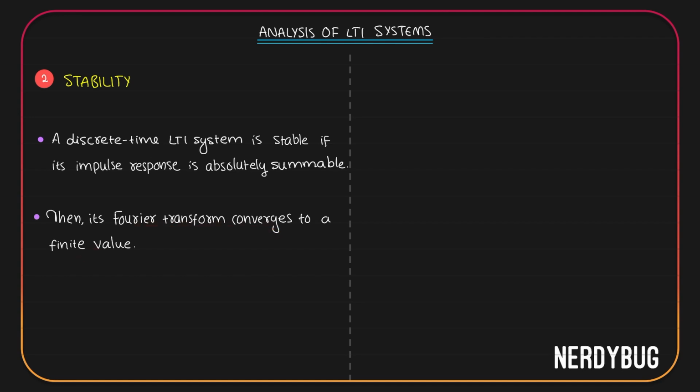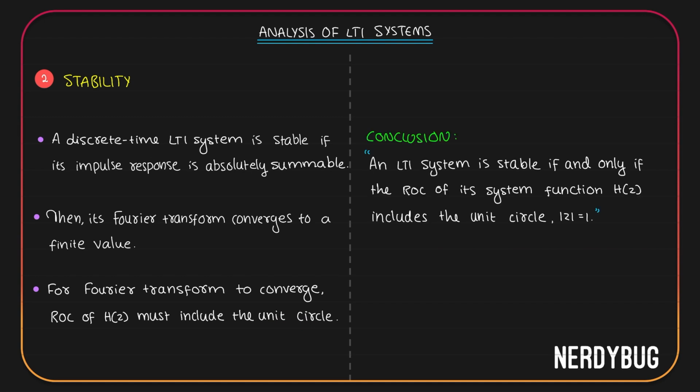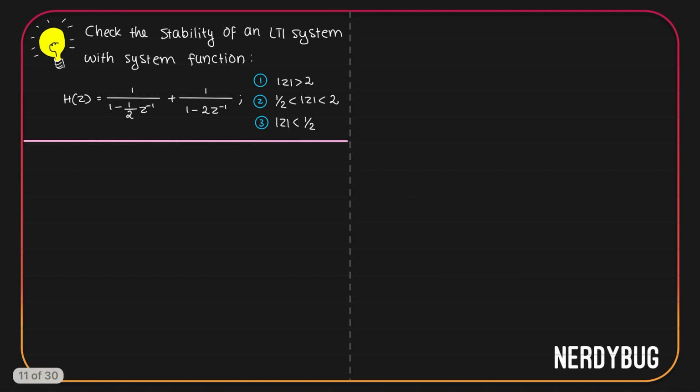That means the ROC of H(z) must include the unit circle. From this, we can conclude that a discrete time LTI system is stable if and only if the ROC of its system function or transfer function H(z) includes the unit circle where magnitude of z is equal to 1. Let us solve a problem based on this.